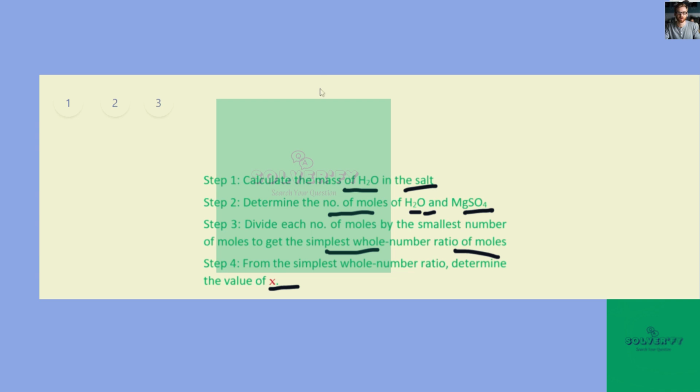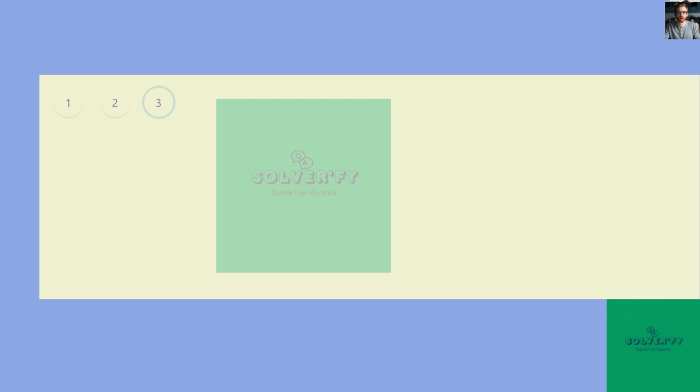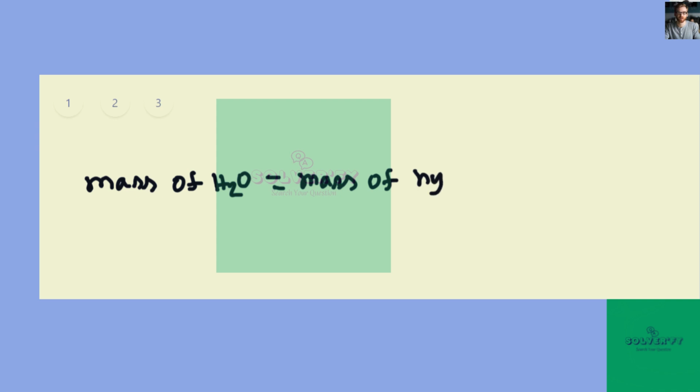So let's start by finding the mass of H2O. Mass of H2O will be equal to mass of the sample, or mass of hydrate, minus mass of MgSO4.